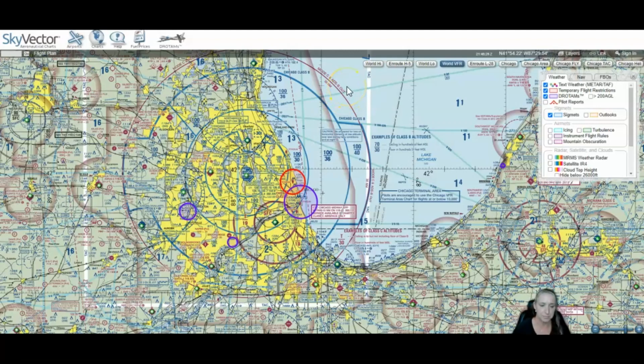Now remember, we talked about the different types of technology that are prohibited on your drone. You will not have a Mode C transponder or an ADS-B out on your drone.